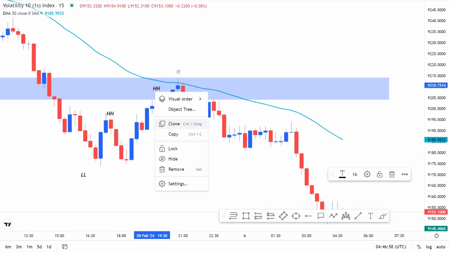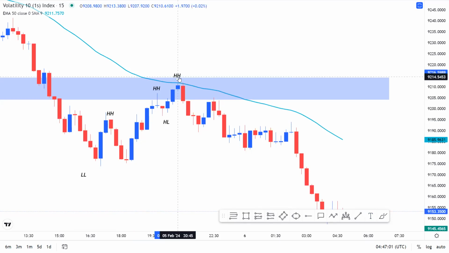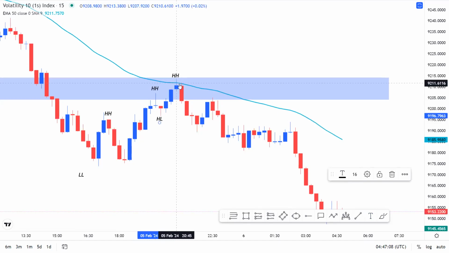And then as soon as we tapped into our 1 hourly time frame identified area of interest, we had this nice rejection from the area of interest.